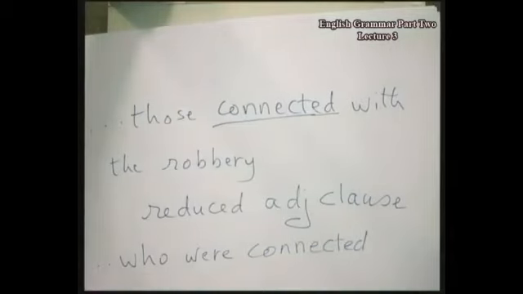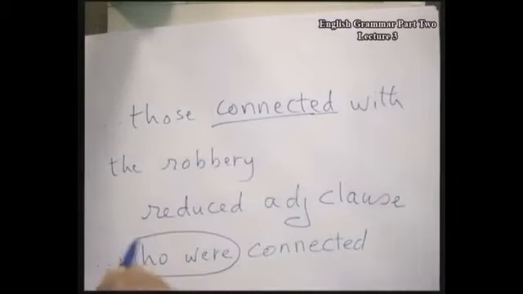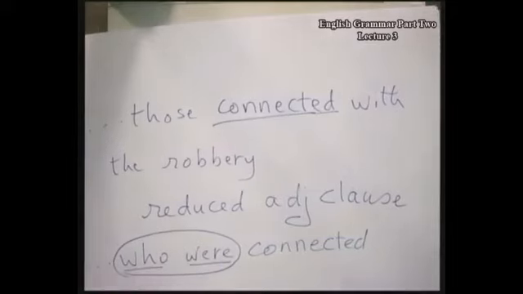Because I have just one clause in the sentence, I'm going to omit the subject and the verb of the adjective clause. So instead of all those who were connected with the robbery, it becomes those connected with the robbery. Alright?